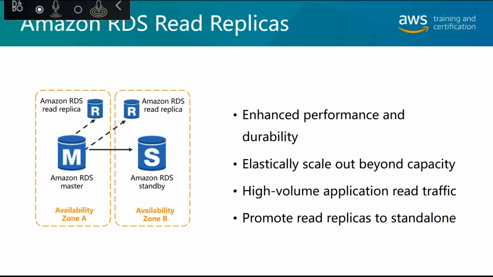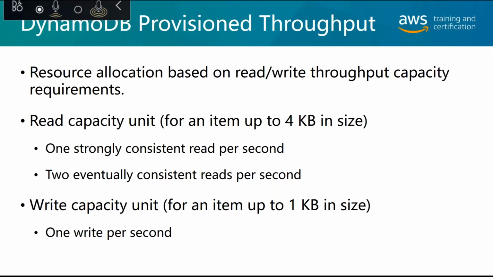And then DynamoDB, I said, is our NoSQL database. When it comes to a lot of heavy read-write for small reads and writes, it's excellent for that. That's a great use case. And there's the concept of RCUs and WCUs, read capacity unit for an item up to 4K in size, and then write capacity unit.